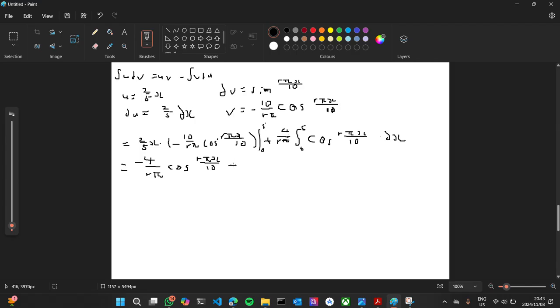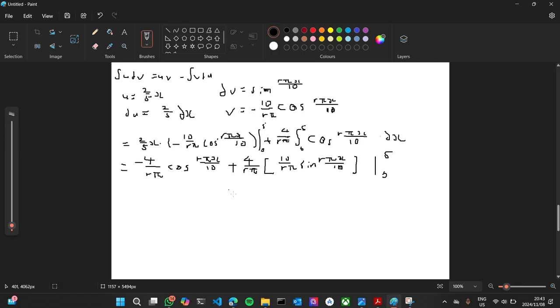So 4 over pi now, and when we integrate this, it's going to become 10 over pi sine of pi x over 10, right? And that is all evaluated between 0 and 5.